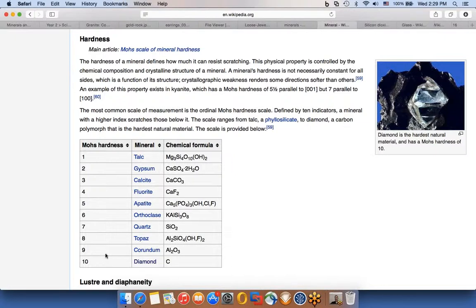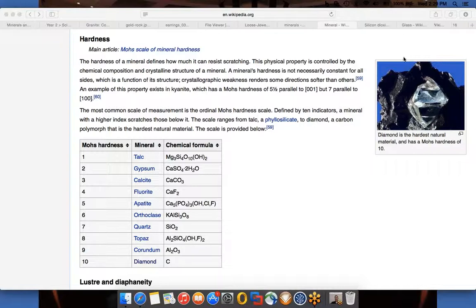Depending on the mineral, they would sit somewhere within this scale of hardness. Diamond being the hardest, talc being the softest. It's interesting that talc is also a mineral.